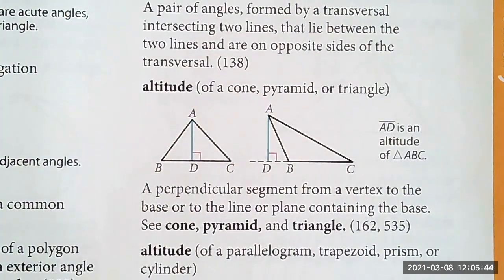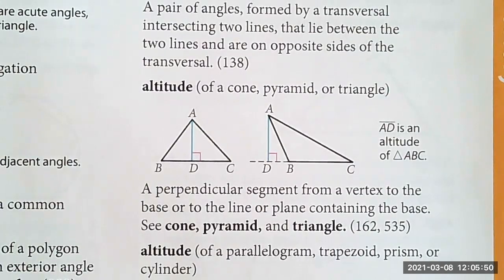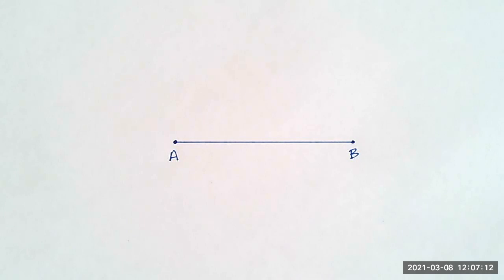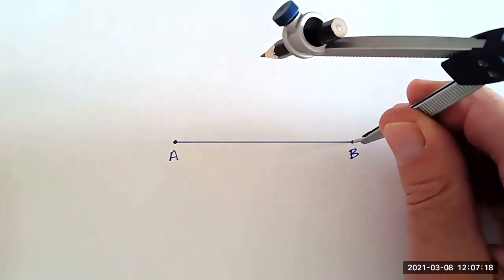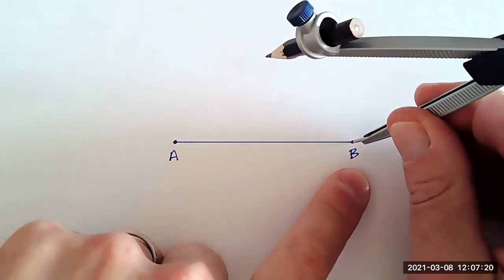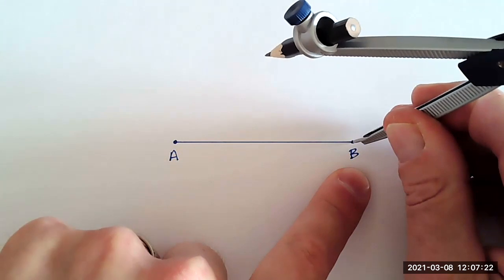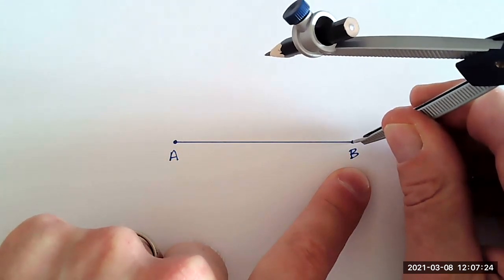So the next question is, how do we construct an altitude, or perpendicular segment, versus a perpendicular bisector? A perpendicular bisector is fairly straightforward. We start by putting the point of our compass on one of the endpoints of the line segment we are trying to bisect.